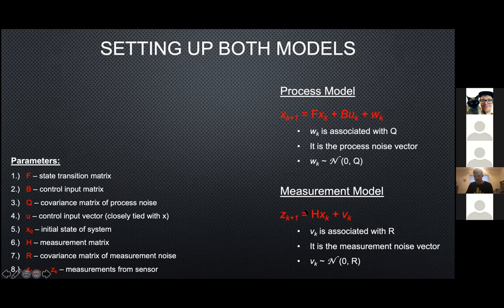Same goes for down here. This is saying, okay, what do I predict my next measurement to be? And this is based off of the measurement matrix times where I was last time. And then we're going to add in V of k, which is the same idea as W of k. It just uses R instead of Q. And so these are your two tune parameters, R and Q.